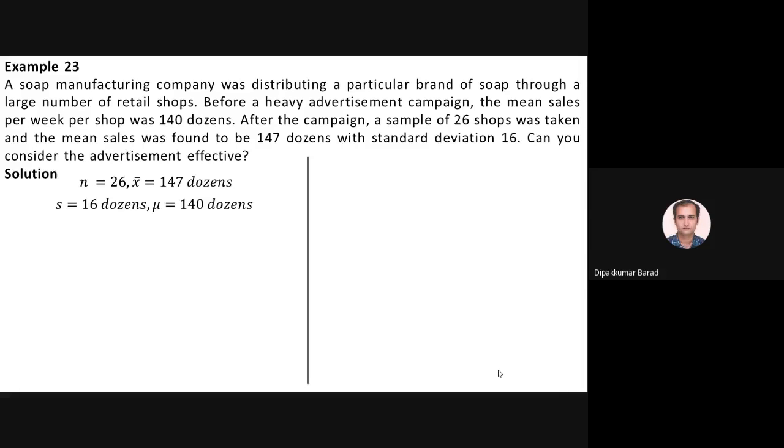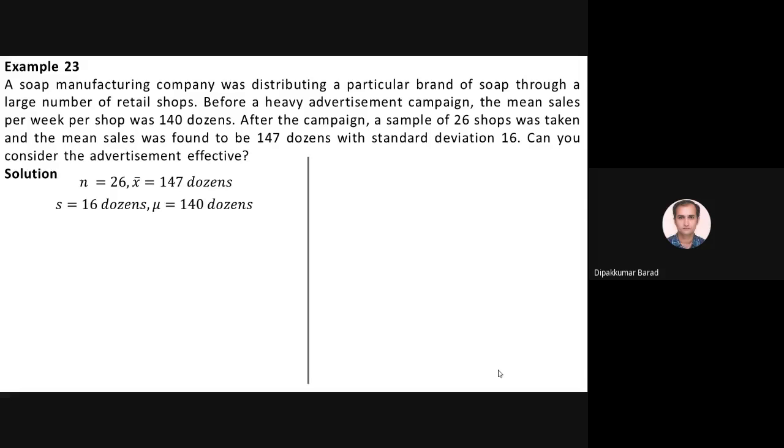X bar is equal to 147. So for this sample, we have a mean sales of 147 dozen with standard deviation 16. So s is equal to 16 dozen.